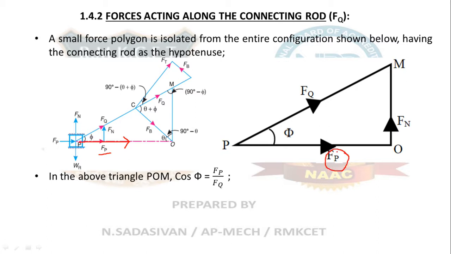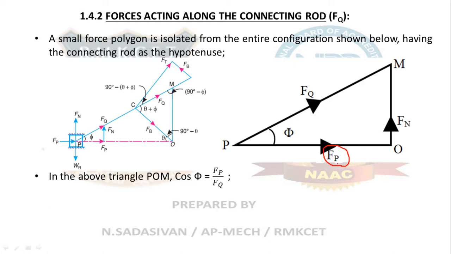Now my connecting rod is here, this is my piston, this is my gudgeon pin, and the connecting rod is here. Some force will act along the connecting rod. Now that force is exactly along the hypotenuse of this triangle. So this hypotenuse of this triangle is Fq. Now I am going to relate them using the connecting rod inclination by writing a cosine function. Cos phi equal to adjacent side.